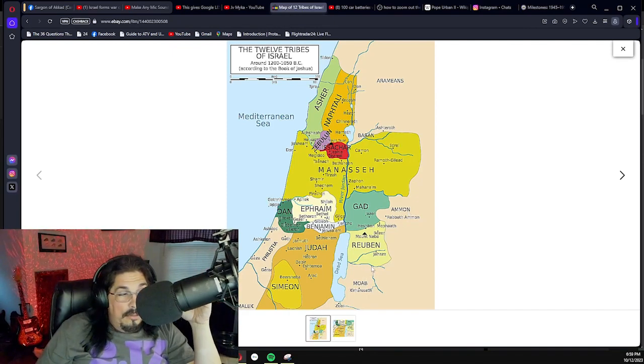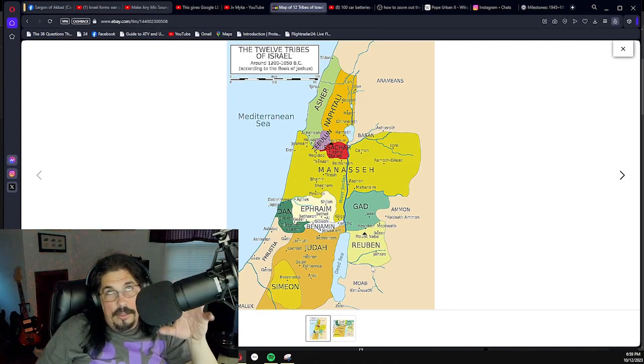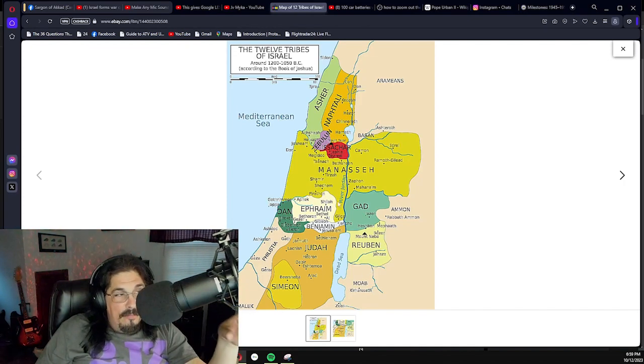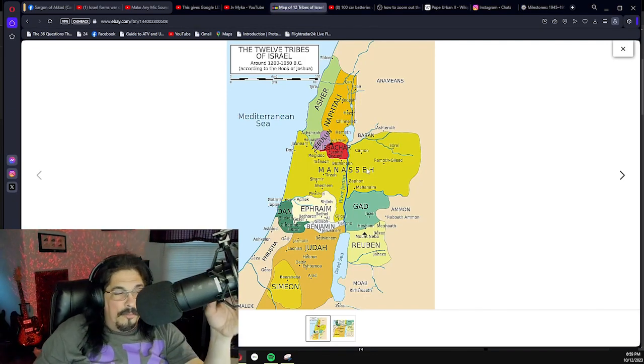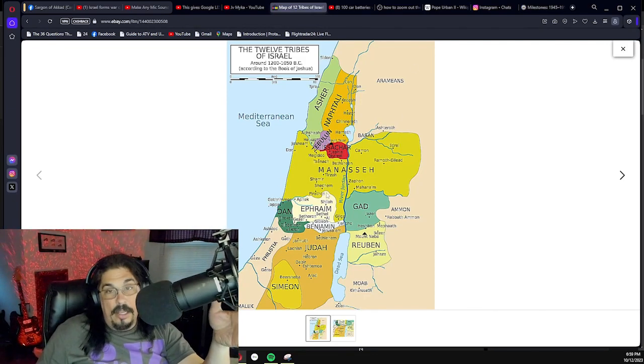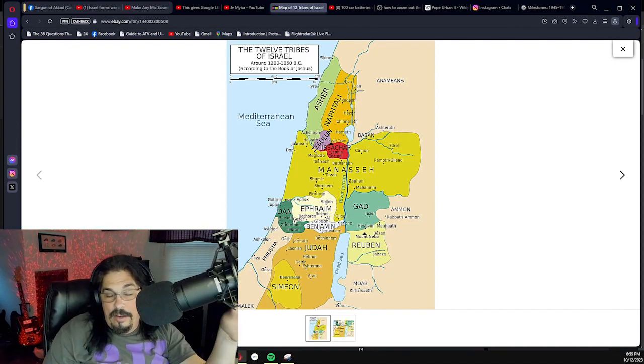Now, if you've read the story, if I remember correctly, the 12 tribes were descended from the 12 sons of Jacob. And so this was where they lived. This region, literally going back three millennia. That's a long time. But how did we get here?